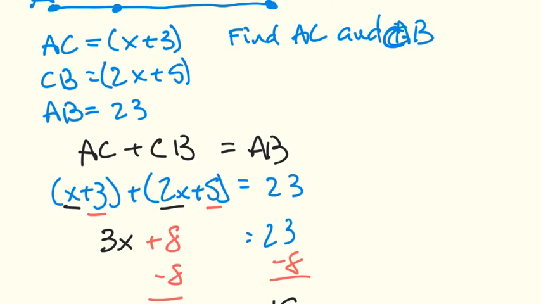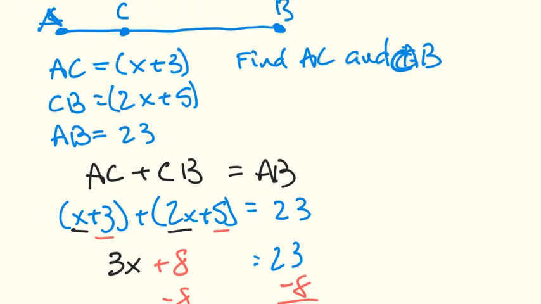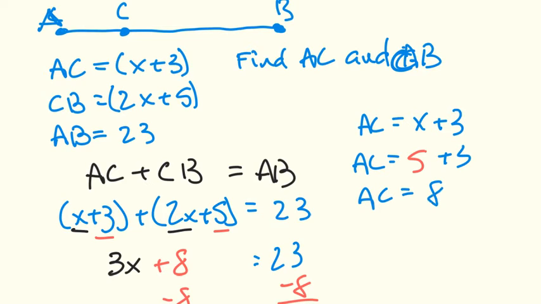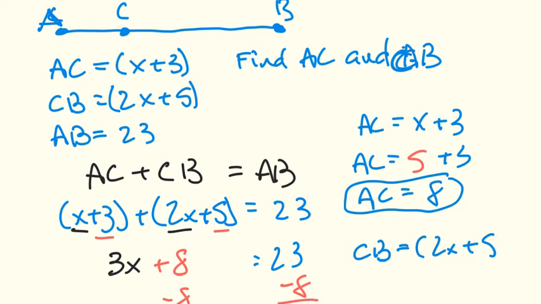Into our original set of expressions. And we've got AC equals x plus 3. And then we're going to substitute 5 for x. So AC equals 5 plus 3, or AC equals 8. And then we've got CB equals 2x plus 5.